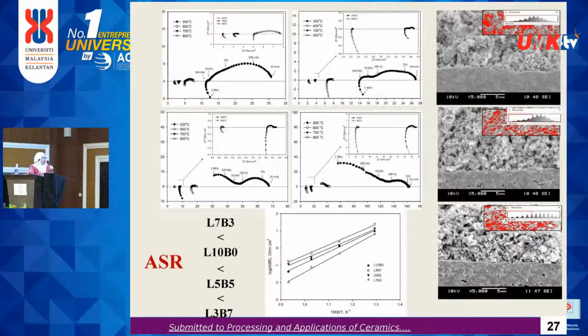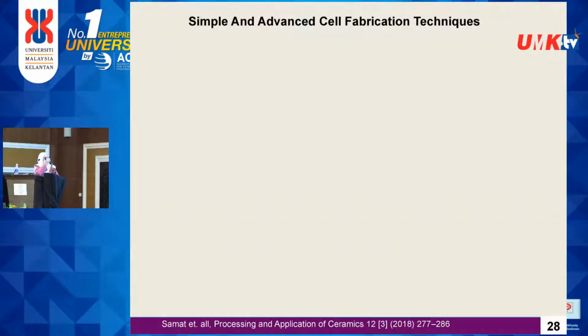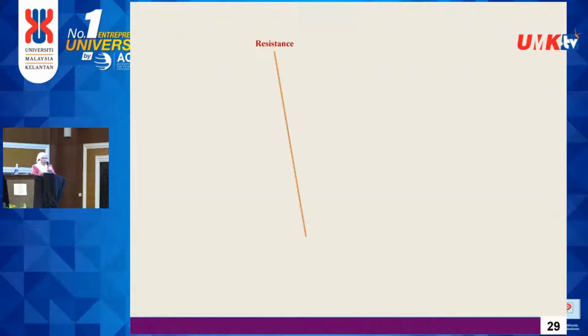So this is the proposed illustration that shows the calcined powder before the process and the calcined powder after the process, so that we can break the agglomerates before we layer the cathode on the electrolyte surface.